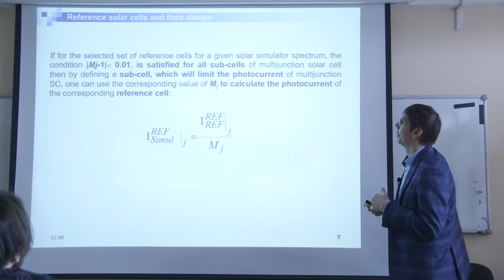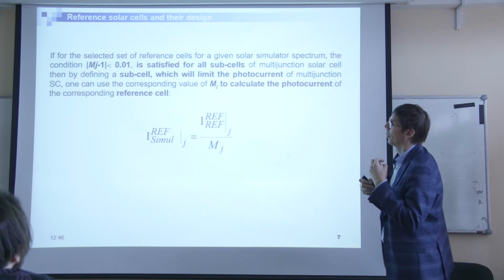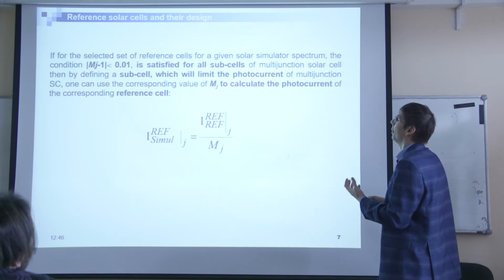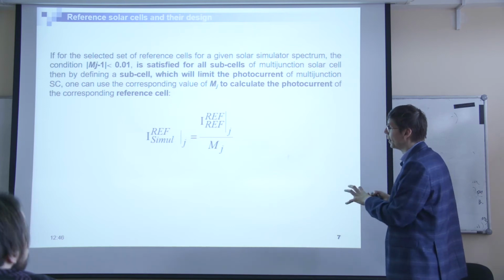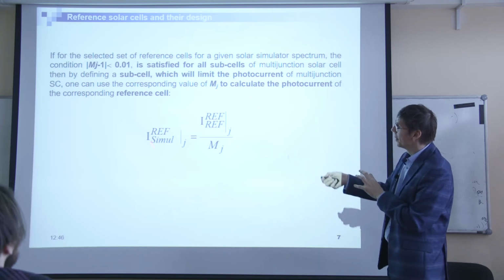And then you have to find which subcell is limiting the photocurrent. And for this subcell, you can adjust the intensity using this formula.